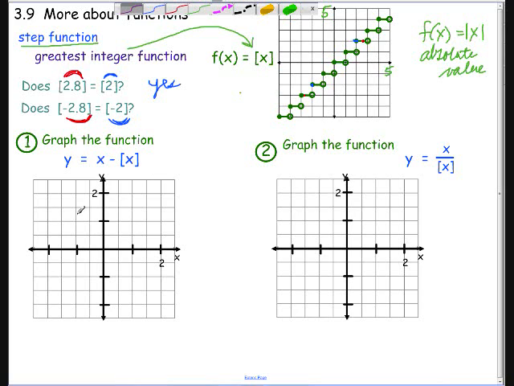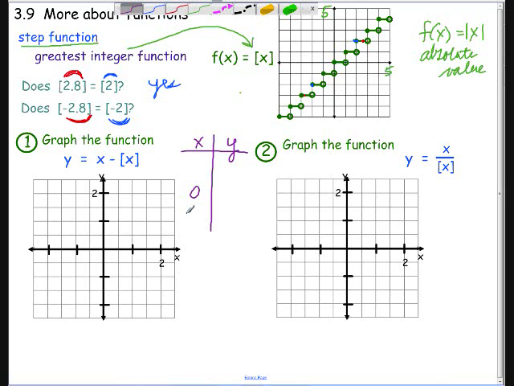So we could graph this function, couldn't we? Let's put together a little t-chart to help us out with this. This will help us understand the greatest integer function, x and y. And what do we usually do? We say, okay, we'll try 0.